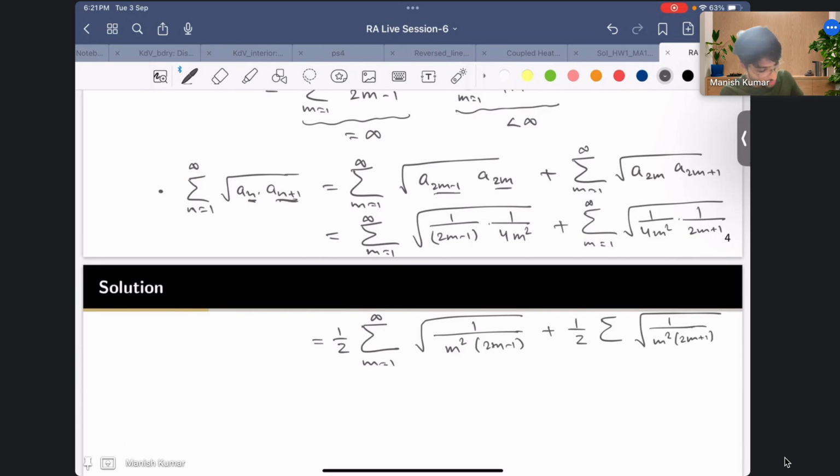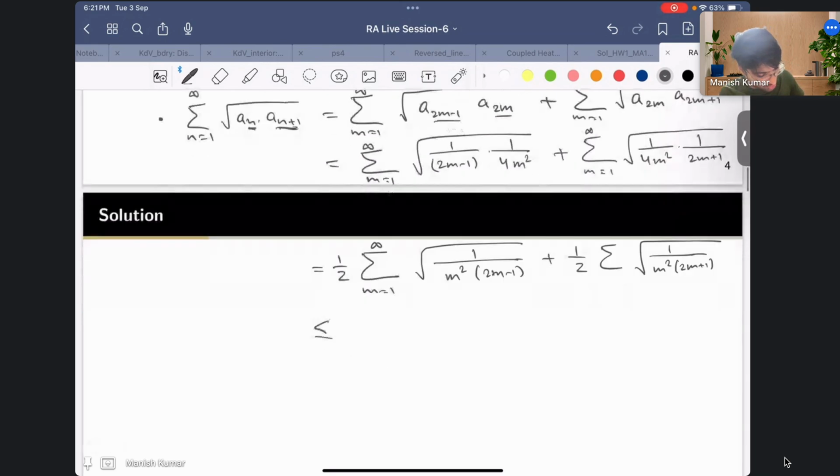Now I'll just try to use some bound just to simplify it. Otherwise over here only you can understand that, okay, now it's convergent, but just to complete it I'll try to write it in a better form. So you see 2m minus 1 is greater than or equal to 2m minus 2, right?